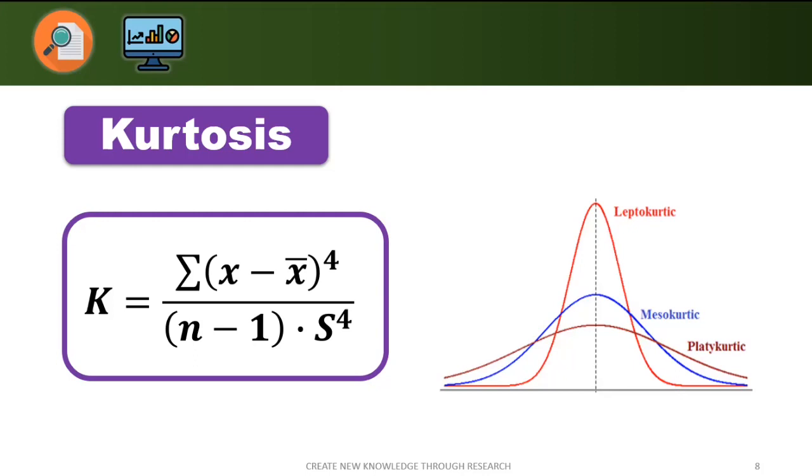And lastly, if the distribution has a kurtosis of exactly 3, it has the same outlier character as the normal distribution, and is considered to be the mesokurtic distribution. And the mesokurtic distribution is like a bell, or we call it the normal bell curve.